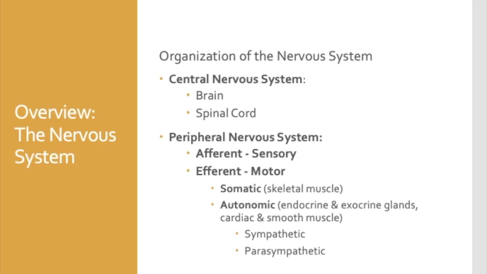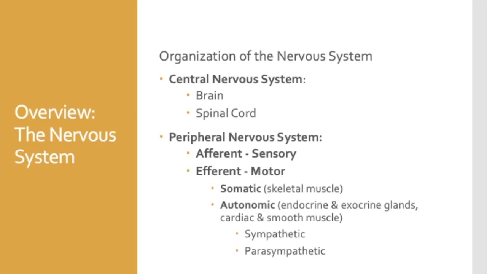When we describe the peripheral nervous system, there are pathways within it that are going to receive information from outside and inside the body and send that information to the central nervous system. These are sensory pathways, and we refer to them as being afferent. They are traveling toward the central nervous system.